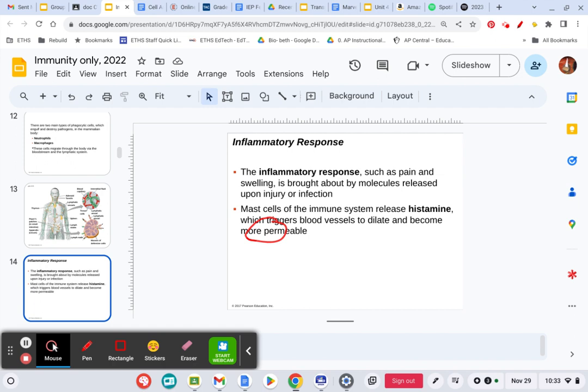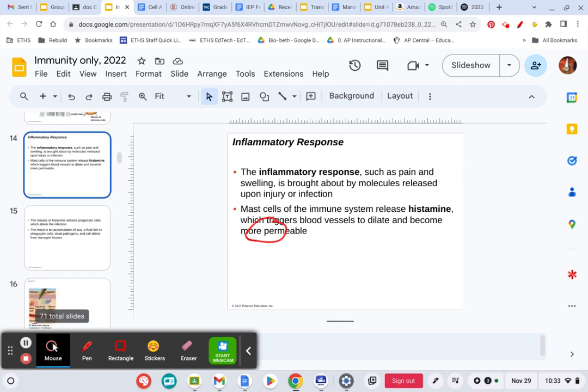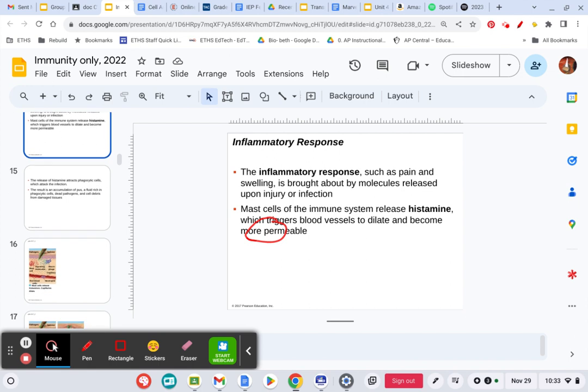And what that does is it triggers all of the immune cells to come into that area, because now you're dilating it. So all the immune system cells are going to come to that area, because that's where the most flow of blood is going to be. So it's going to get red, because you've got all of these things coming to the area.